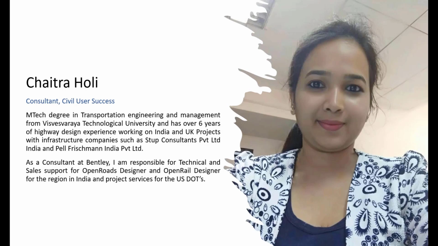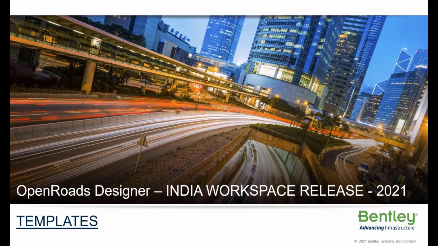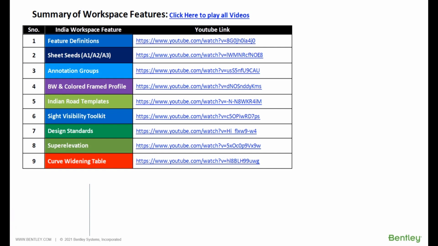So let us now continue with more on what we have got for the India Workspace release 2021. Let's start with the templates. Before we start with the templates of the 2021 release, we had also released a certain number of templates in release 2020, which were as per the Indian standards: the undivided and divided highways and the hill road sections.